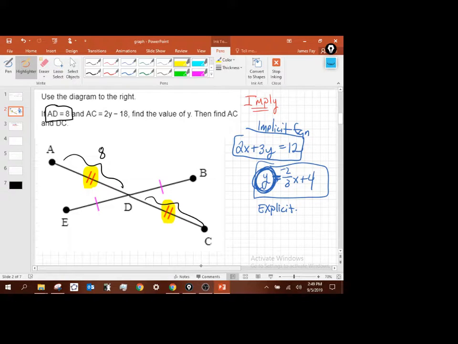They're congruent. Okay? And if they're congruent, that means their distances are equal, right? So if their distances are equal and one of them was 8, what's the other one? It's 8 as well, isn't it? Do you see how they implied that DC's length is 8? Or they hid that for me?